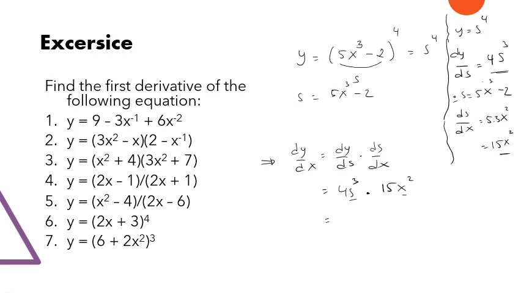Then what we should do is change the s again with this function. So it is 4 times (5x^3 minus 2) power 3, times 15x squared. The 15 goes to the front, so 15 times 4 is 60. X squared goes to the front too, and this will be like this. So that is the dy/dx, and this is the example of the chain rule.